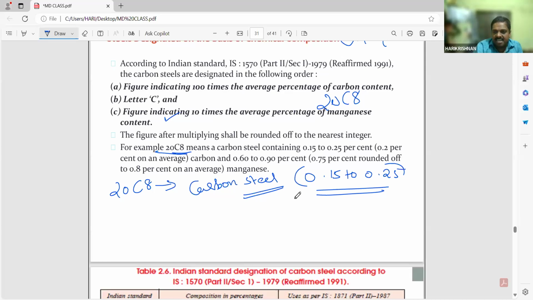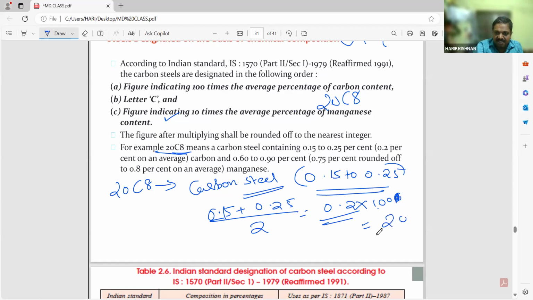So what they will do is take 0.15 plus 0.25 by 2, and you will get 0.2. They will take the average. So this 0.2 into 100, what do you get? You will get 20. So this will be the first thing, 20.